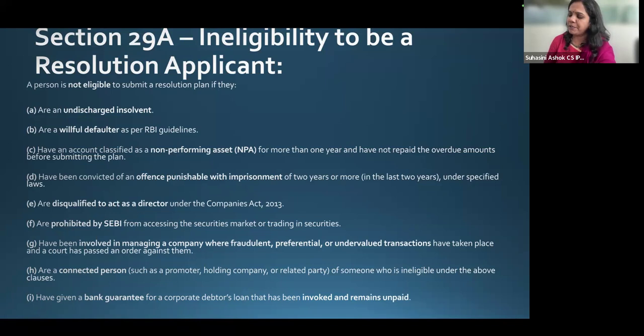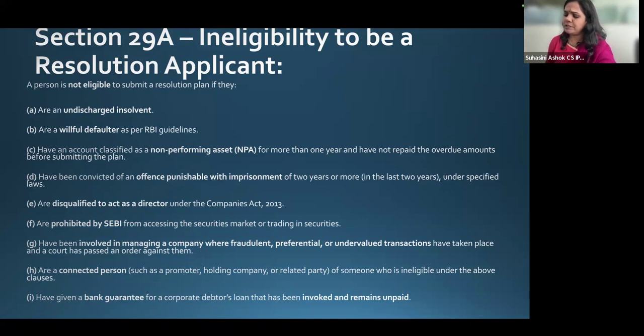The fundamental principle which drives Section 29A is the clean hands doctrine, which asserts that individuals or entities responsible for the financial distress of the corporate debtor, with a history of financial misconduct, should not be allowed to benefit from this resolution process.